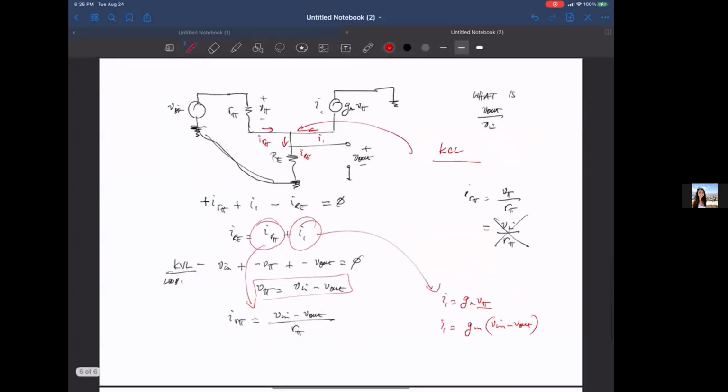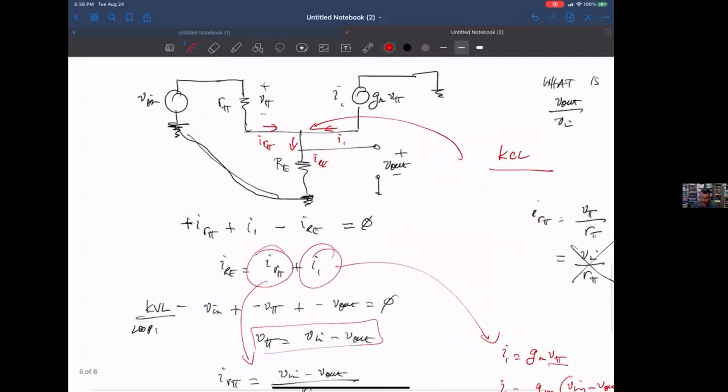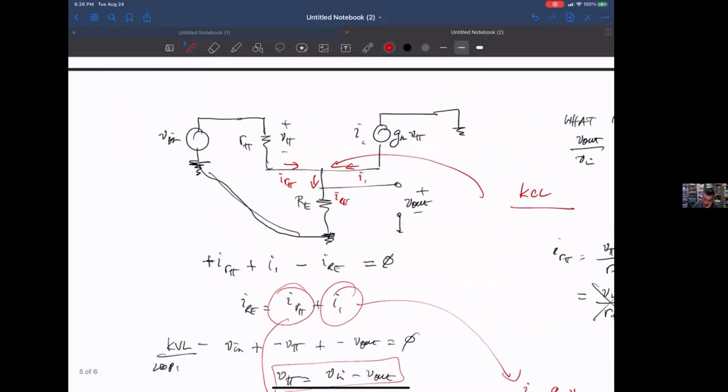Can you explain KVL loop 1 again? Okay, so what KVL says is when you go around any kind of circuit loop, the sum total of the voltage when you get back to your same point is going to have to be 0.